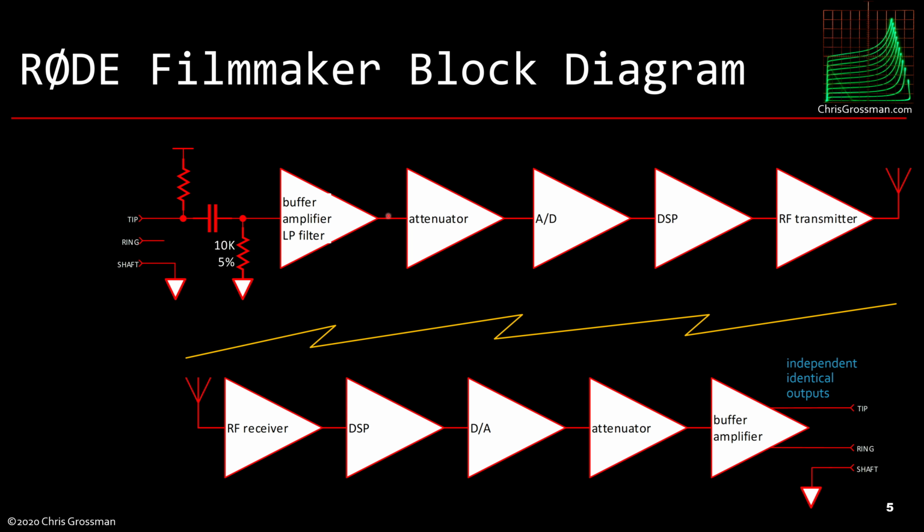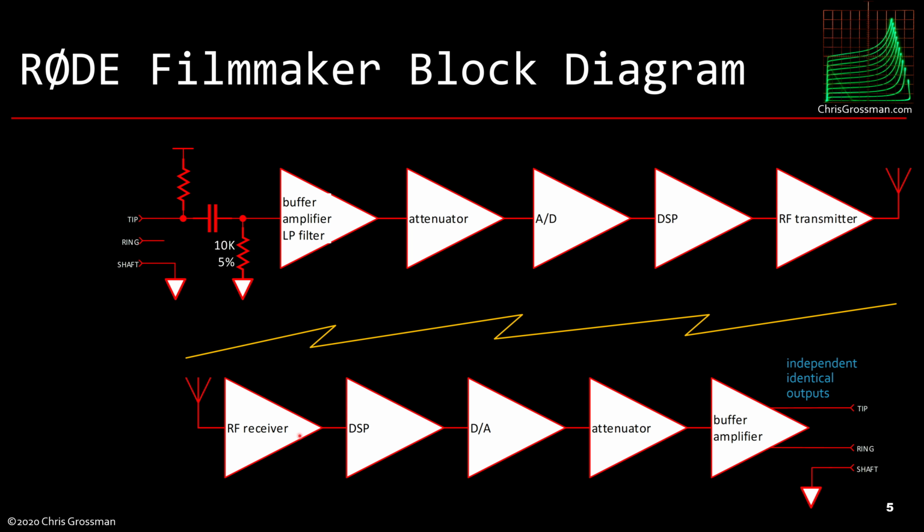The signal comes in through a buffer amplifier, then it goes through the switchable attenuator, and the buffer amplifier includes a low-pass filter. Then it goes into the A to D, and then into a digital signal processor, which converts the now digital audio stream into the digital encoding for the RF transmitter. The RF transmitter sends an RF signal to the receiver.